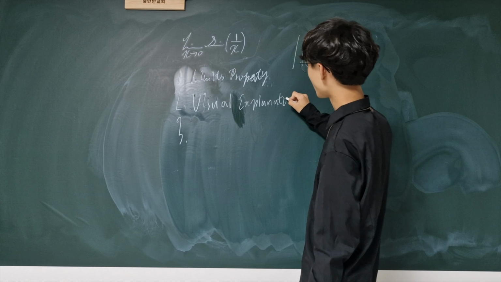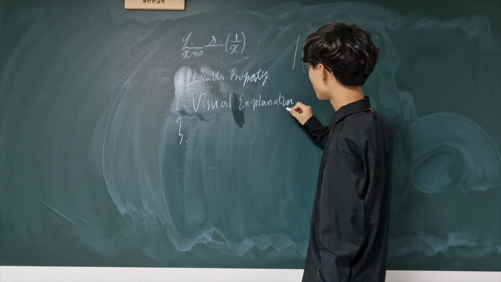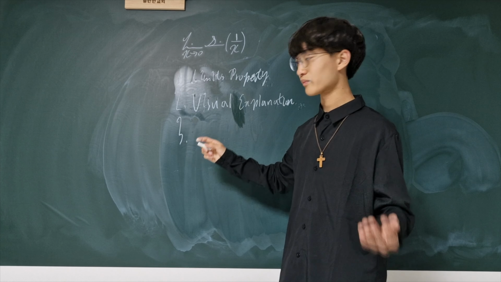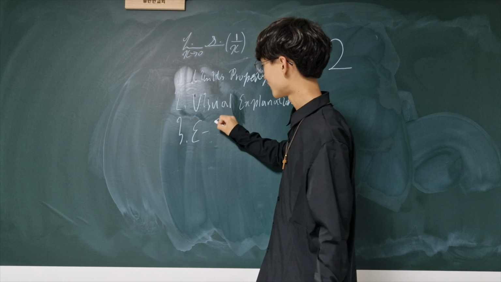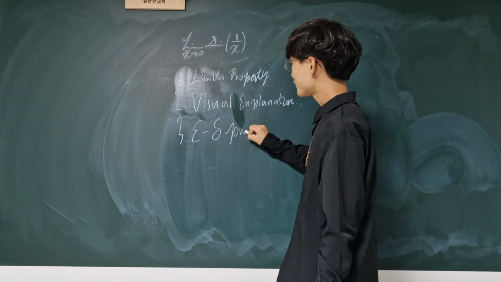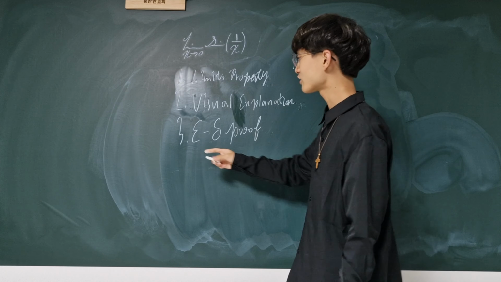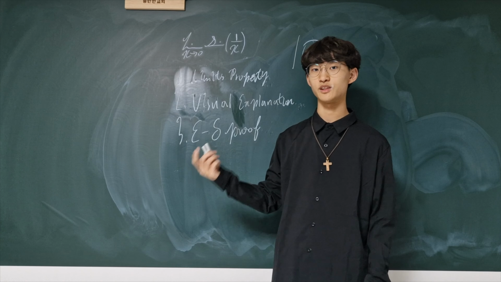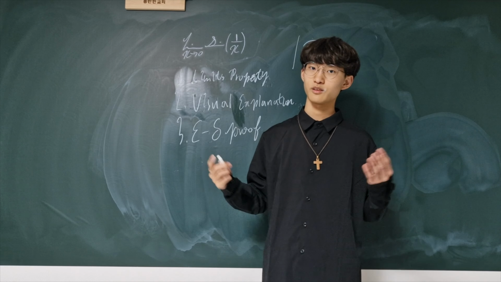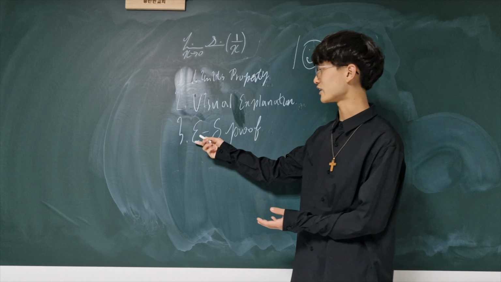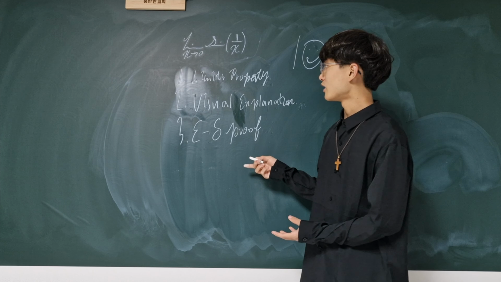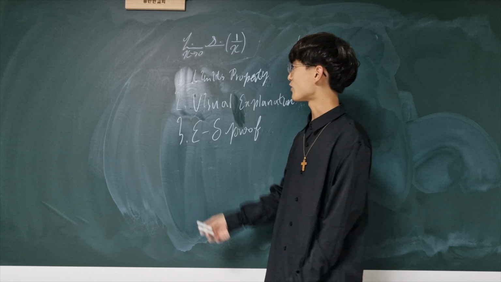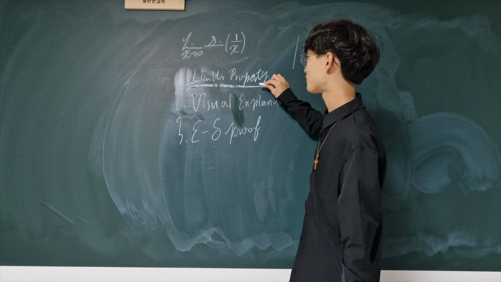And I actually like the last one, using Epsilon-Delta proof. Epsilon-Delta proof is quite hard to understand. It took me a couple days to understand the Epsilon-Delta definition of limits and examples using the Epsilon-Delta proof. But today, it will be very intuitive using limits property.